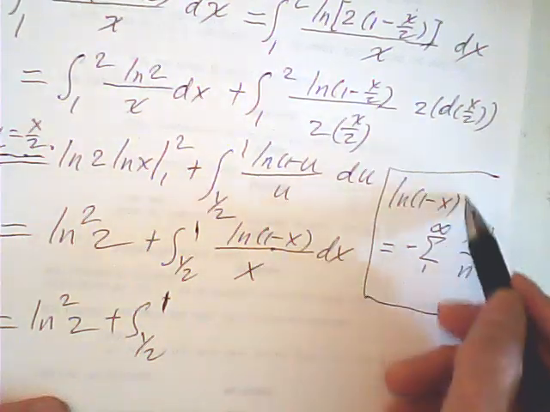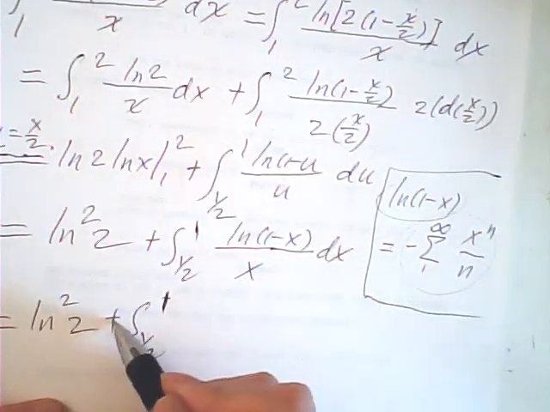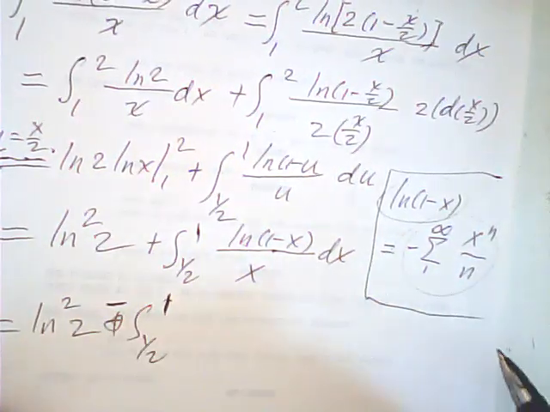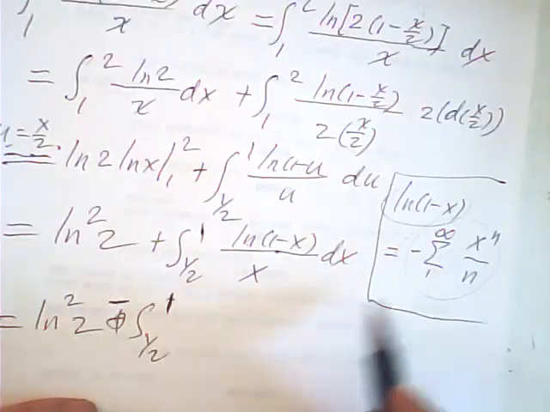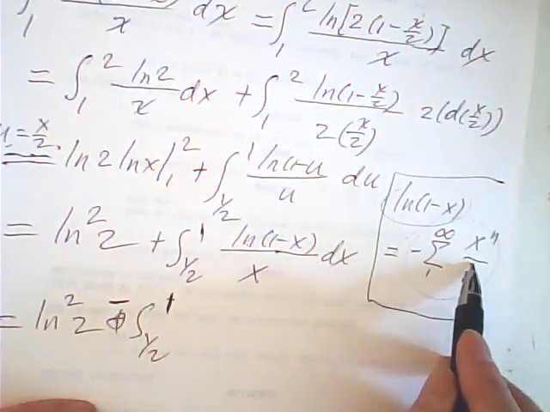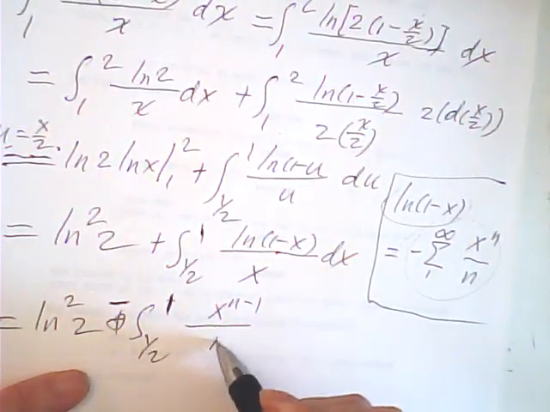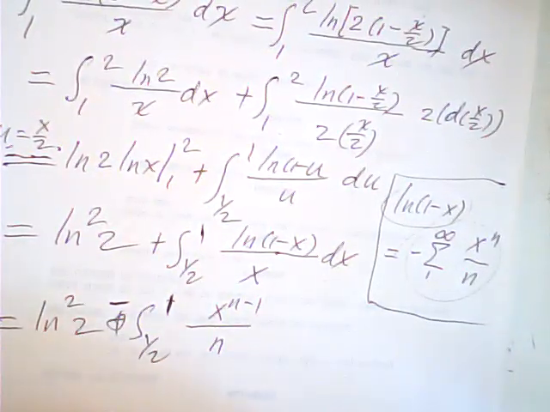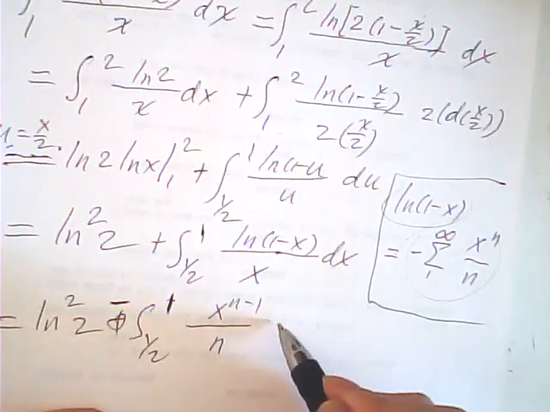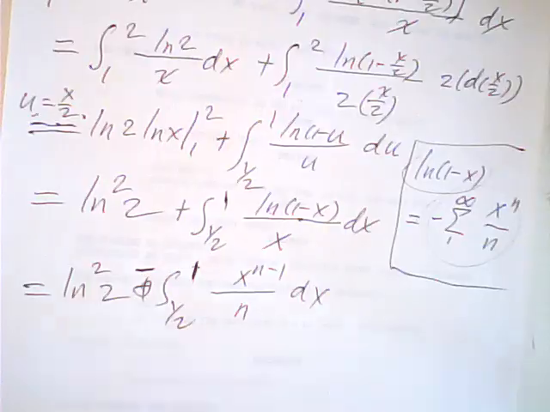This one, I rewrite this for this one, place it here, right? So it becomes negative, and this one over this becomes x to the n minus 1, right? And x, yeah, very good.